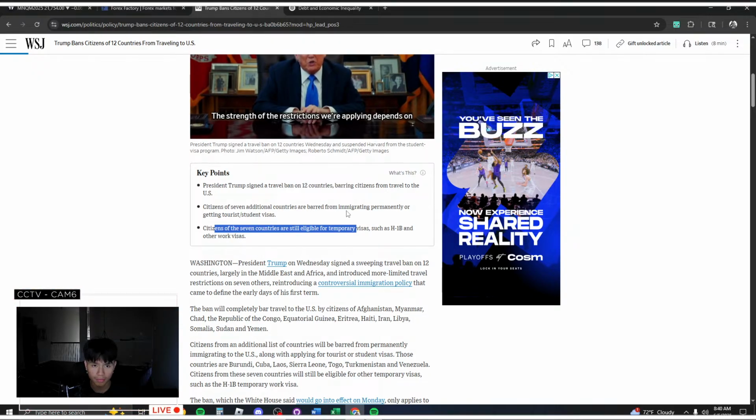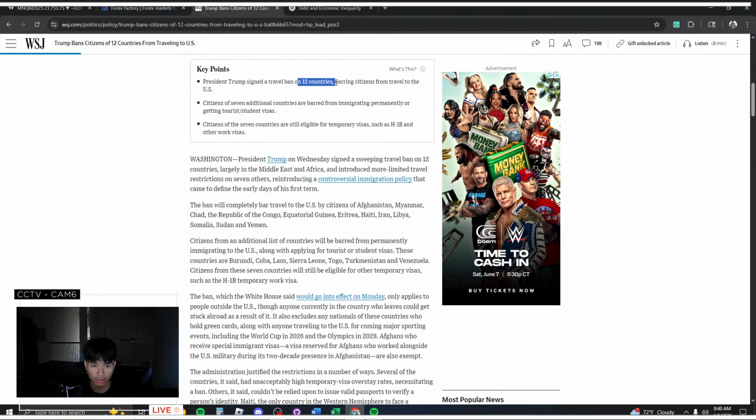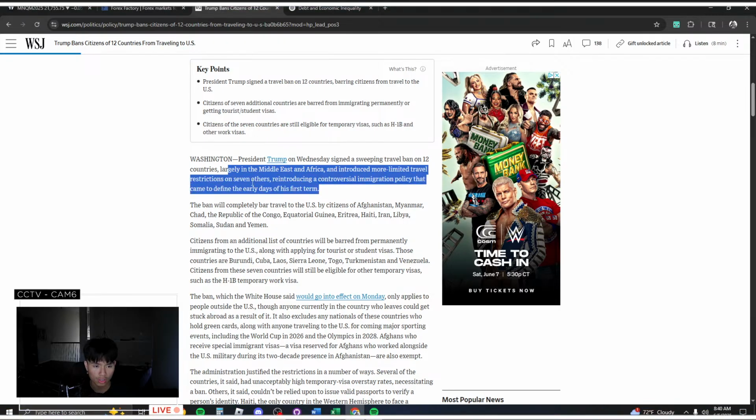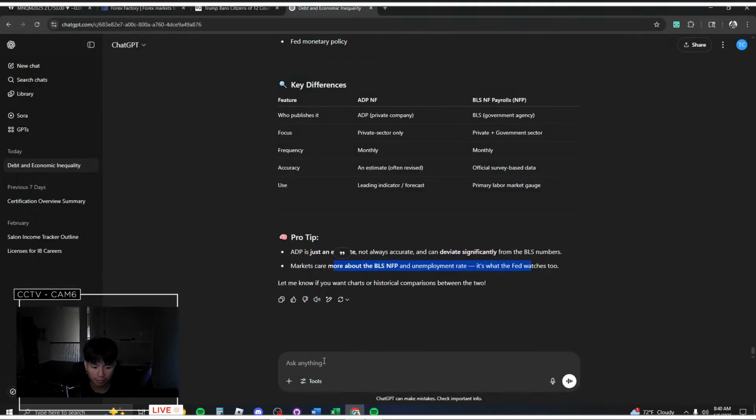So it's not as hard as the ban on the 12 countries. President Trump on Wednesday signed a sweeping travel ban on 12 countries, largely in the Middle East and Africa, and introduced more limited travel restrictions on 7 others, reintroducing a controversial immigration policy that came to define the early days of his first term. The ban will completely bar travel, and bar, I'm assuming, just means ban.